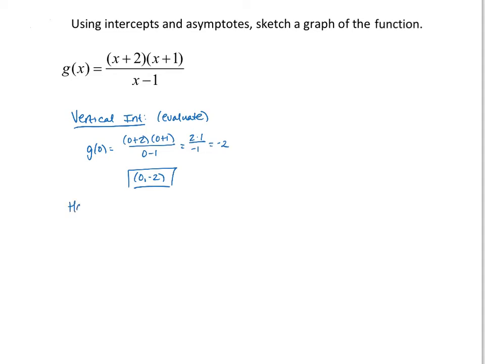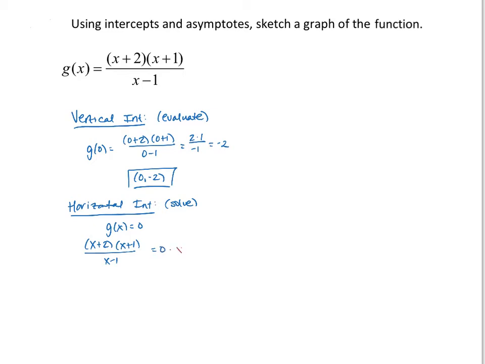That means to find a horizontal intercept, this is where we're going to solve. We're going to take our function and set it equal to 0. So we're thinking about when is g of x equal to 0. So when is (x plus 2)(x plus 1) all over x minus 1 equal to 0.